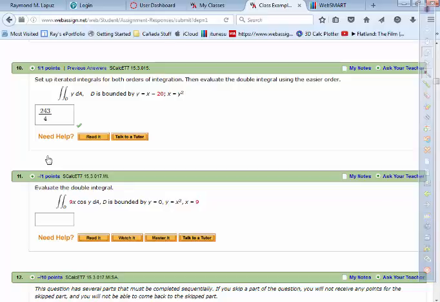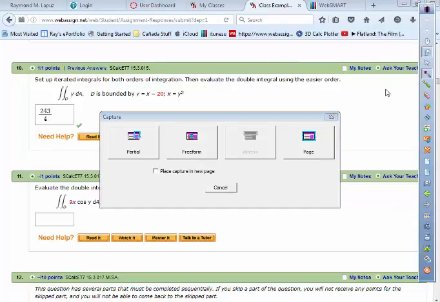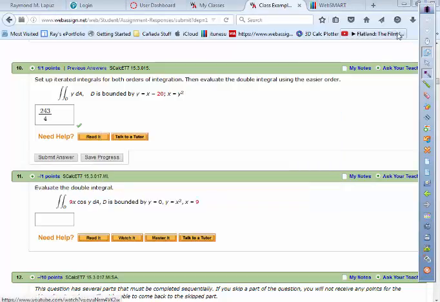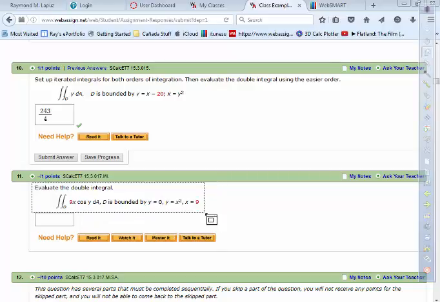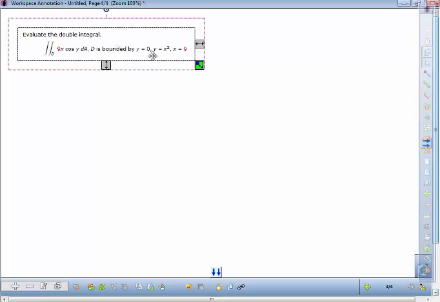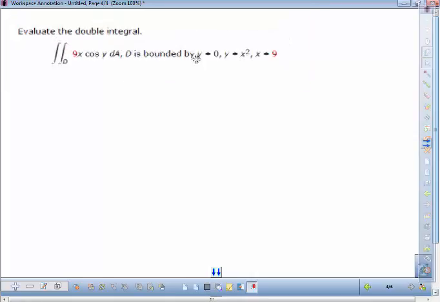All right, let's do another one. Should you do this one? So the integrand is 9x times cosine y, and then we have to figure out what our region is.